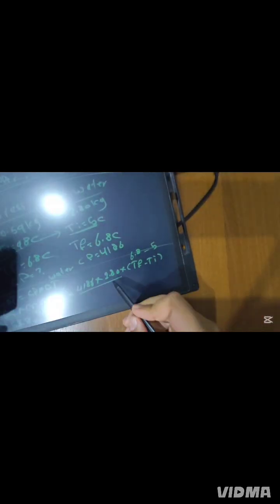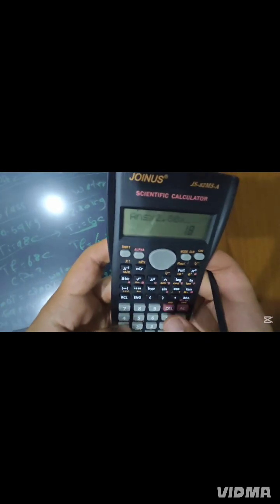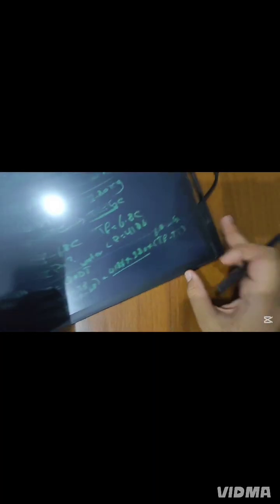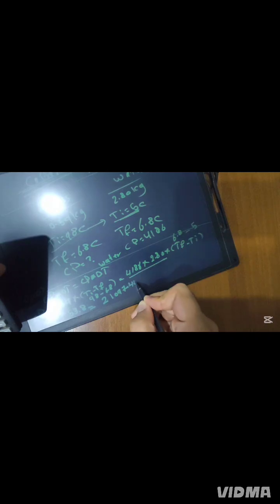So 1.8 times 2.80 times 4,186. The answer on the right side will be 21097.44.